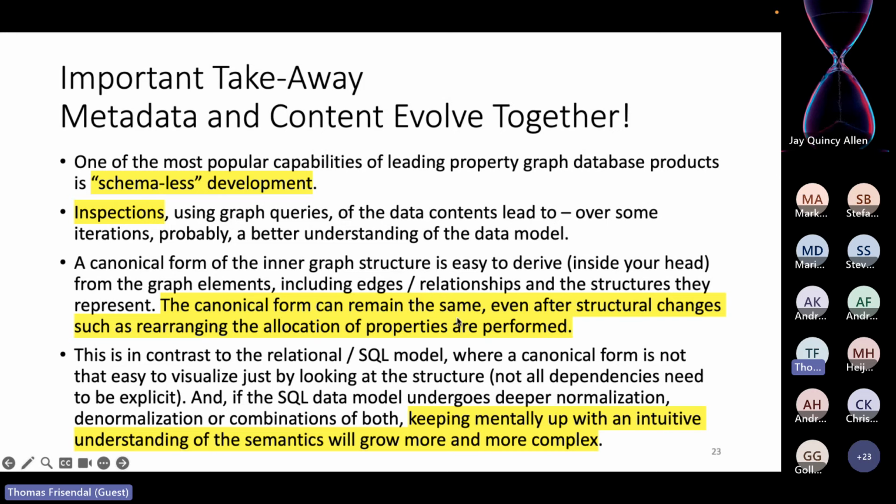You make iterative changes to your graph model, working your way towards what you want at the end. And the canonical form can remain the same even if you do structural changes, such as rearranging the allocation of properties to nodes and relationships. This is in contrast to a relational model, where canonical form is not easy to visualize.